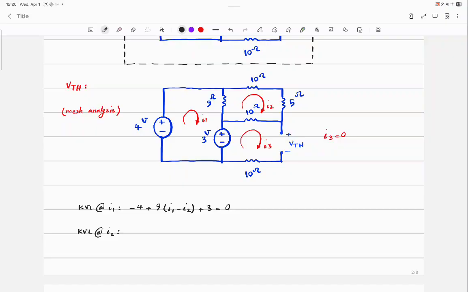If I mess up, let me know. 9 times (I2 minus I1) plus 10 I2 plus 5 I2 plus 10 times (I2 minus I3) is equal to 0, and remember that I3 is actually 0, right?